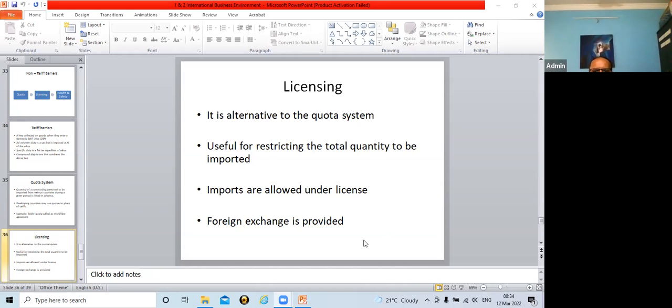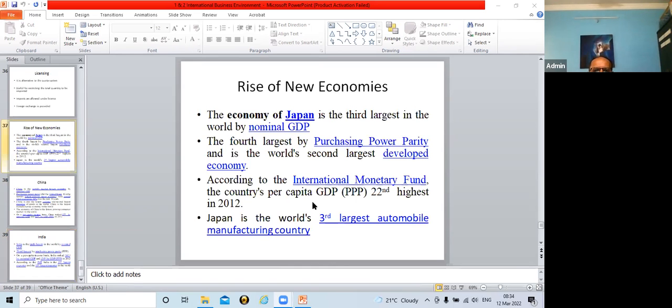Some businesses have to take a license from the central government, some from the state government, and some need a license from both. So this was about unit number 1 and 2.